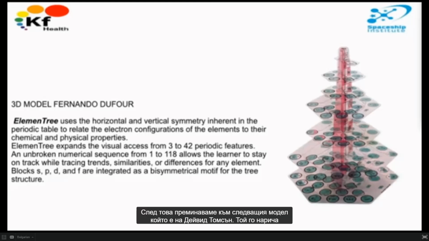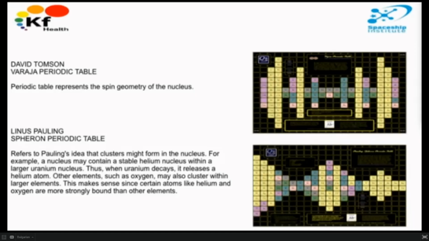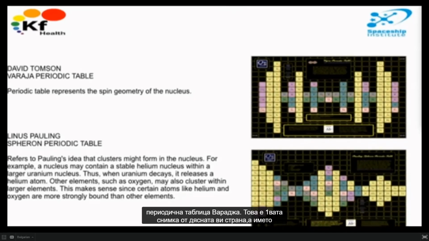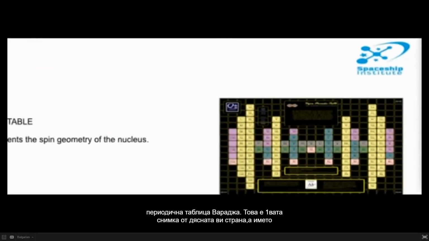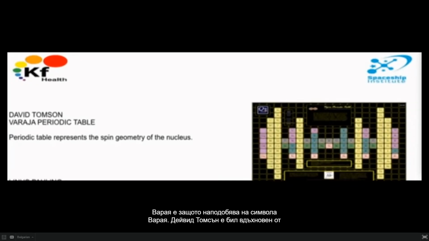Then we go to the next model. The next model is by David Thompson. David Thompson called this model the Varia periodic table. This is the first picture on your right side. The name Varia is because it's similar to the symbol Varia.